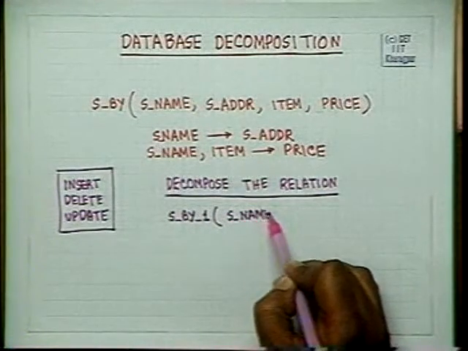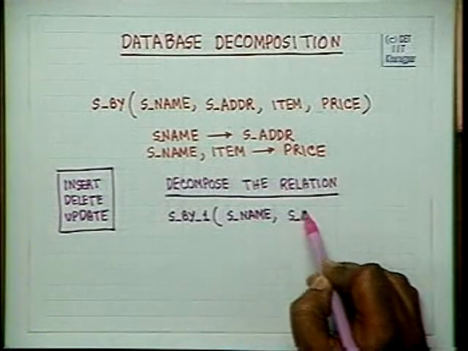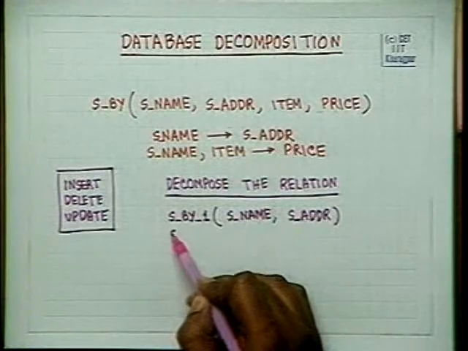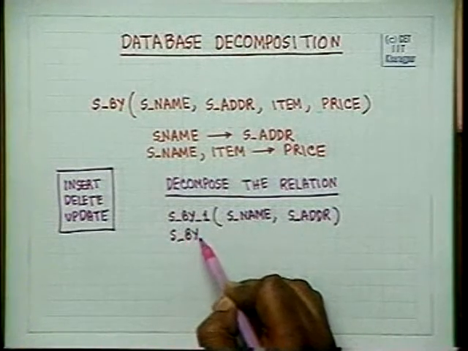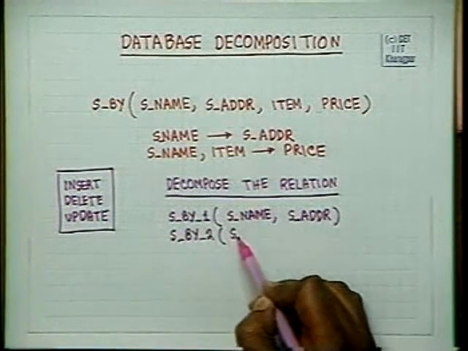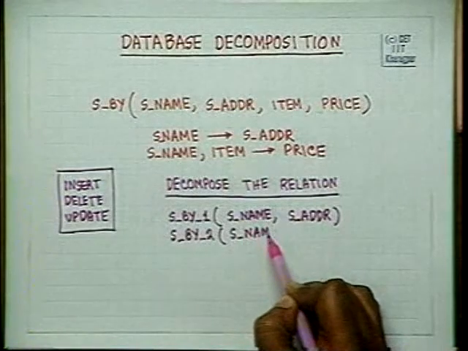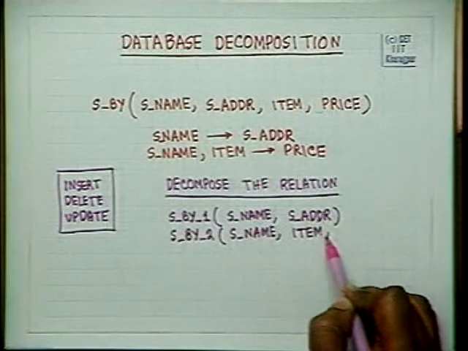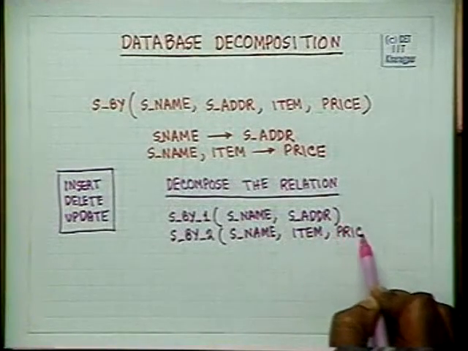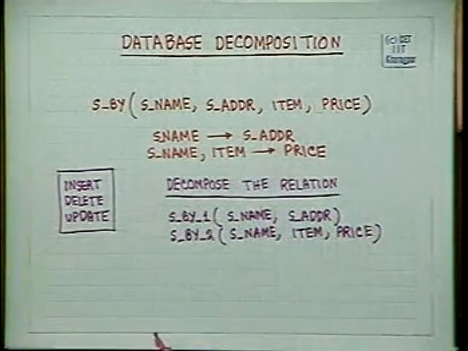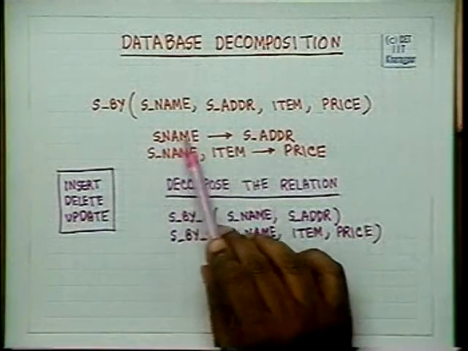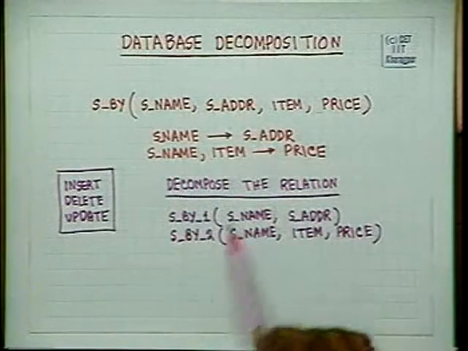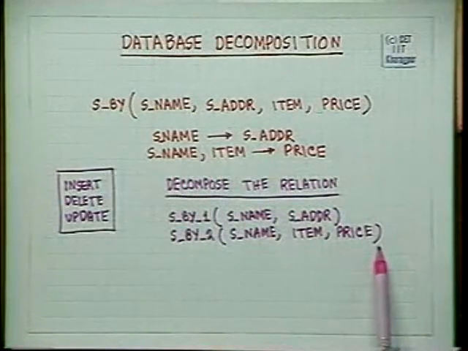One is supplier name and supplier address, and the second is supplier name, item and price. Now this functional dependency will be checked on this relation, and this functional dependency will be checked on this relation.